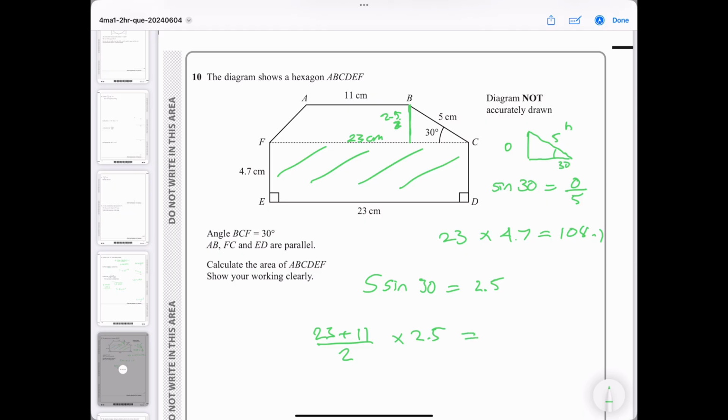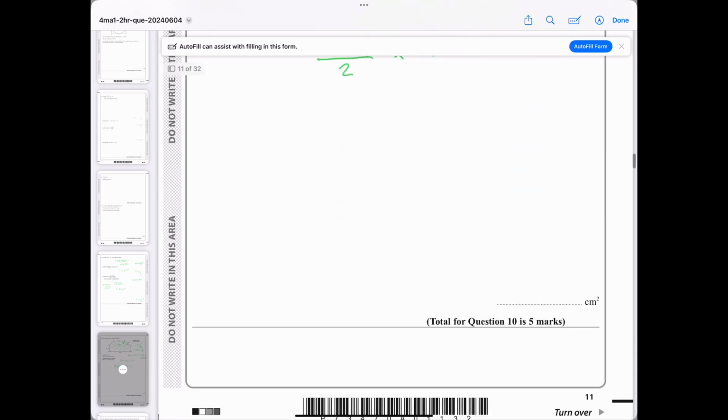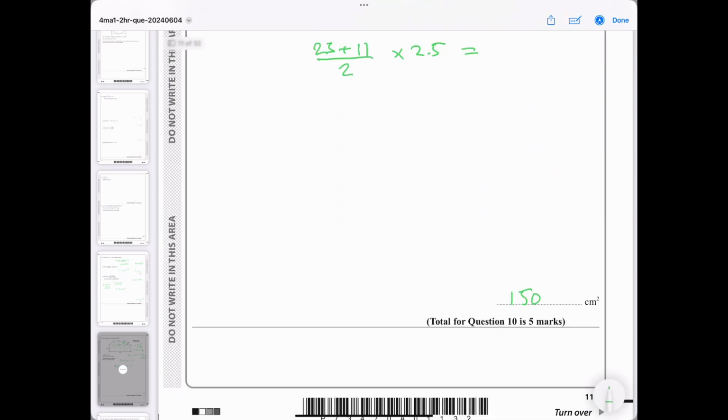And that will equal this bit of the whole thing. And that is 23 plus 11 equals, divided by 2, 17, times 2.5 equals 85 over 2, which is 42.5. So if we add 42.5 to that, we get plus 108.1, 150.6. There we go.